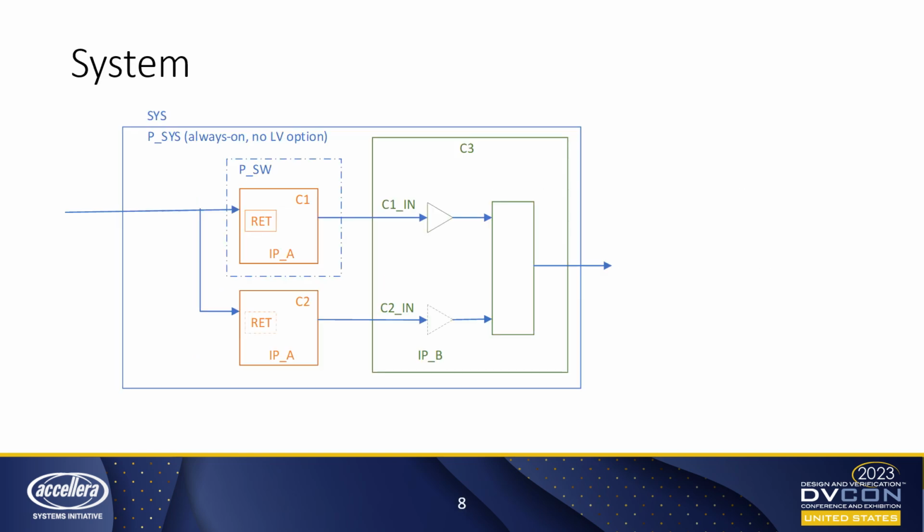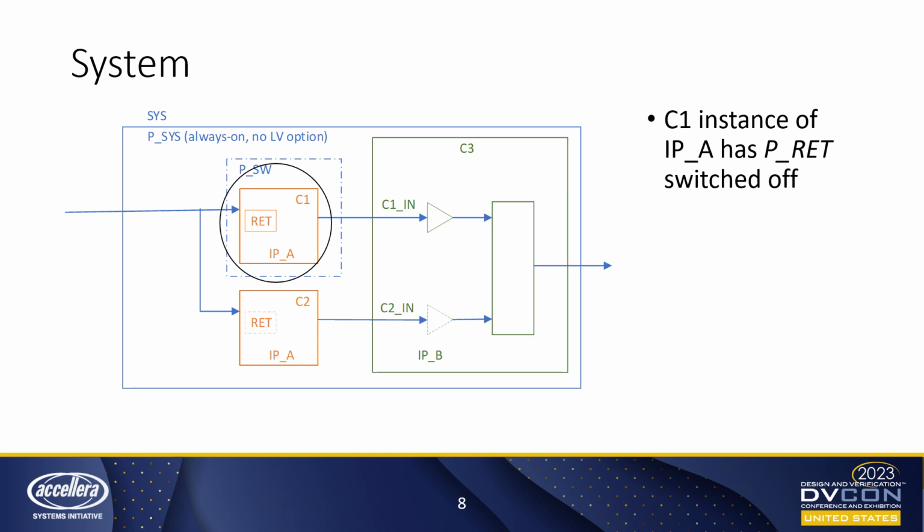So let's now describe our system. Our top-level domain PSYS is always on, but the retention logic does not make use of the low voltage option for retention cells. A second switch domain, P-switched, contains logic switched off to conserve power, including an instance C1 of IP-A.